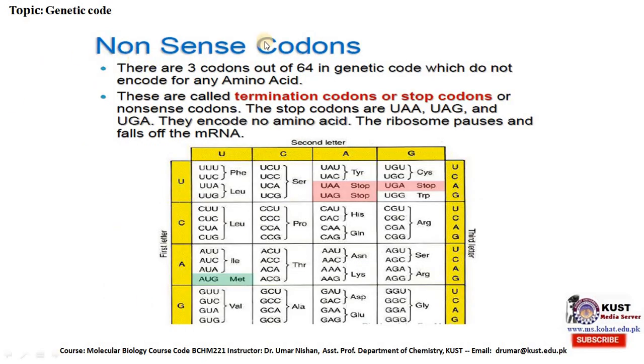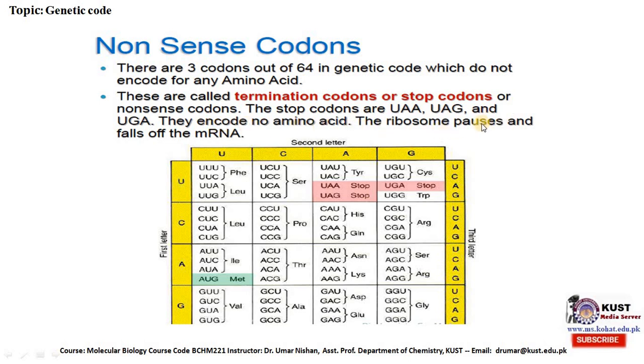There are nonsense codons. There are 3 codons out of 64 in genetic code which do not encode for any amino acid. These are called termination codons, or stop codons, or nonsense codons. The stop codons are UAA, UAG, and UGA. They encode no amino acid.